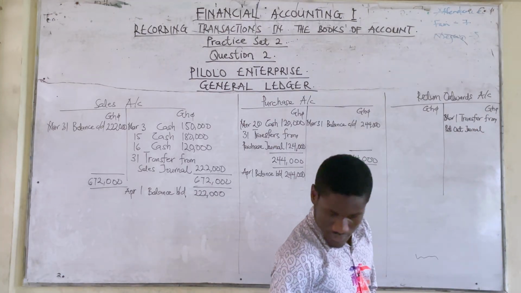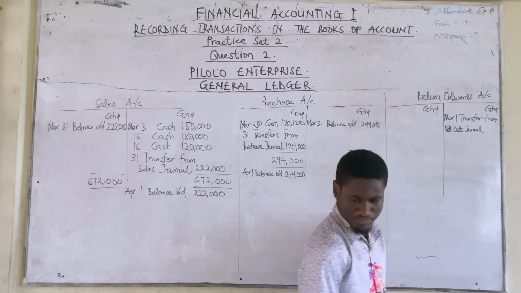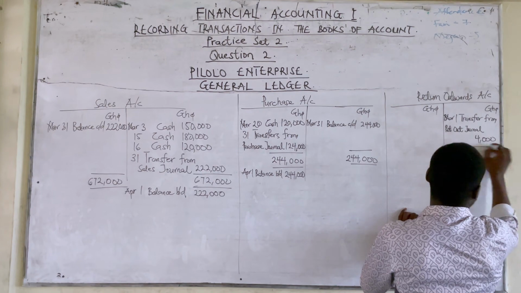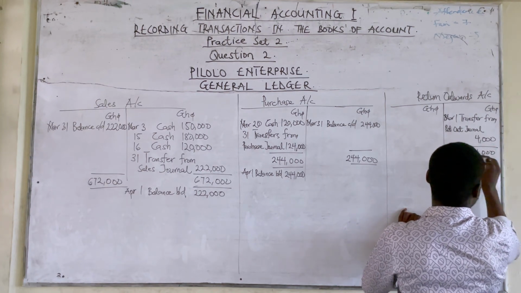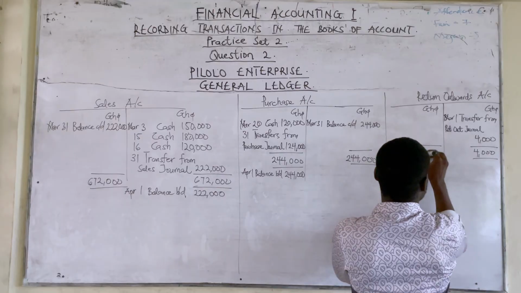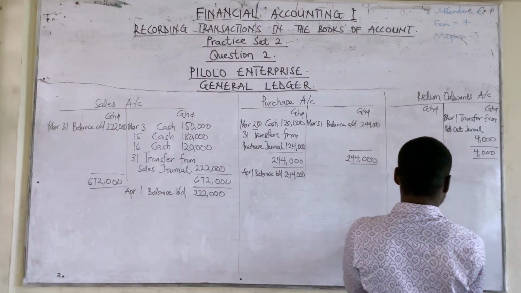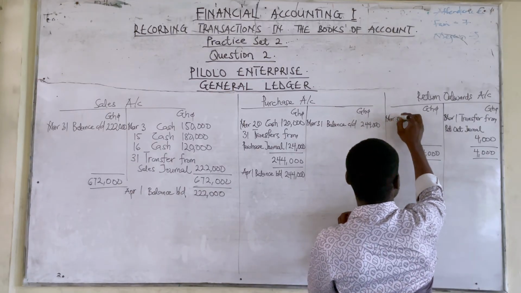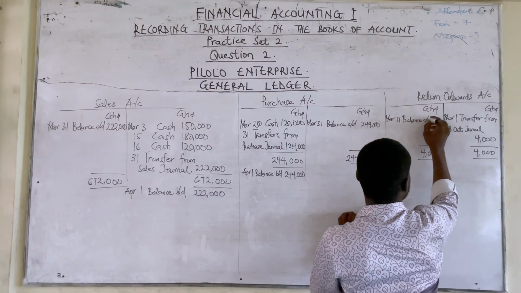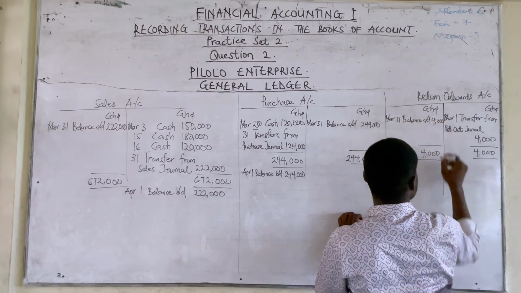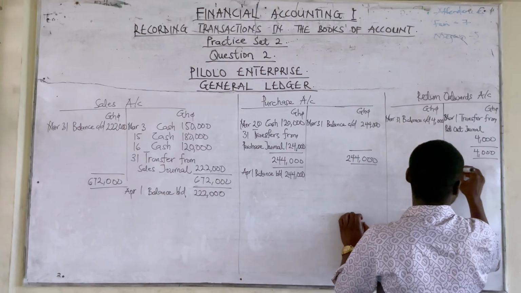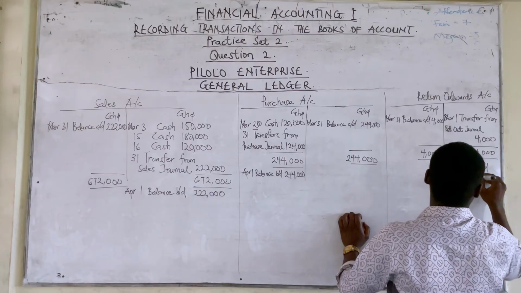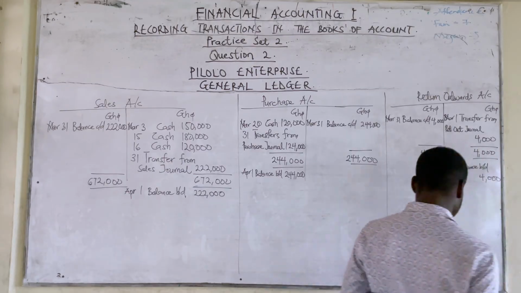And the amount here was 4,000. So that's going to be our total. Our balance is going to be the same 4,000.